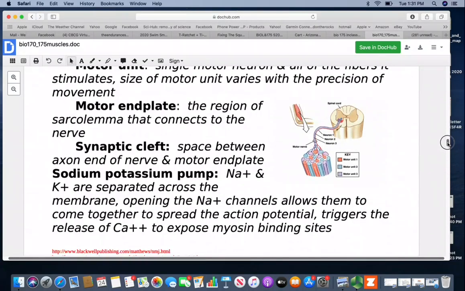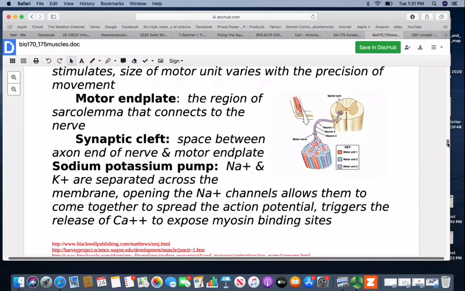So the sodium-potassium pump is going to be present in your muscle cells, and what it's going to do is pump sodium on one side of a membrane, potassium on the other. It's going to separate these two things. Naturally, they want to be evenly distributed on both sides of the membrane. So when you keep pumping them over to one side, when you open the sodium channel, it's going to look at it as an opportunity to spread out on both sides of the membrane again.